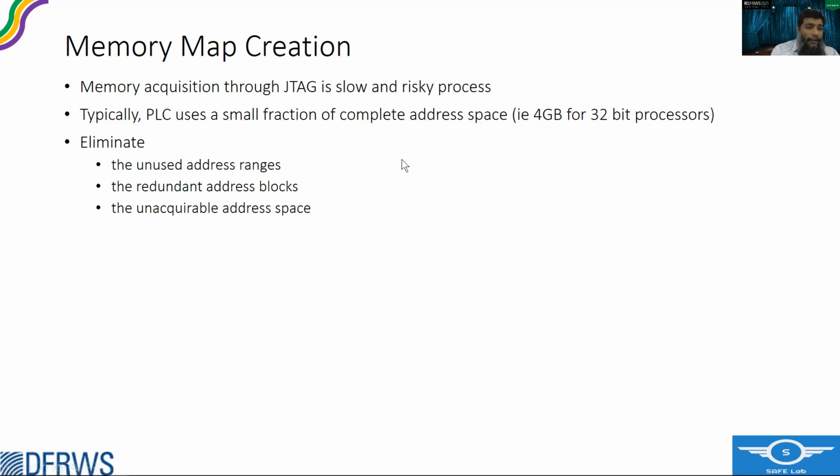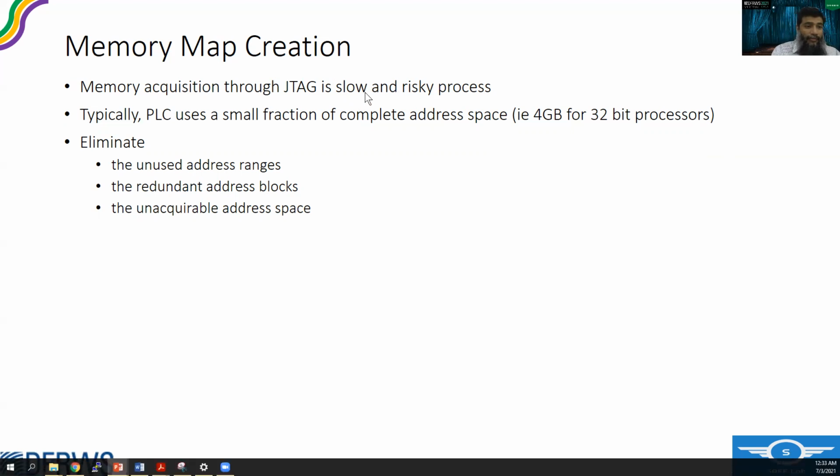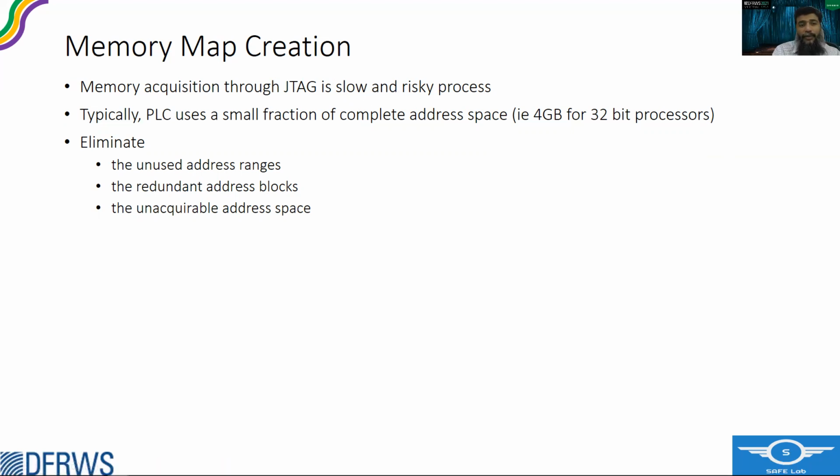So if we are able to eliminate the unused address ranges, the redundant address blocks, which point to the same memory location, and the unacquirable address spaces which are pointing to the peripherals, we can find that small fraction, which really helps in catering for this slow process of JTAG recovery.